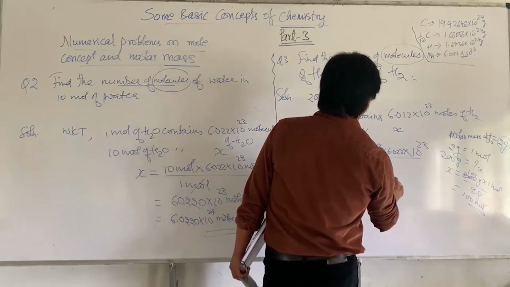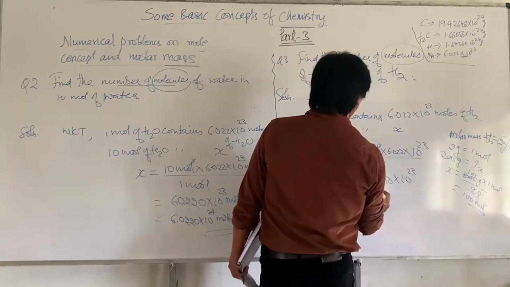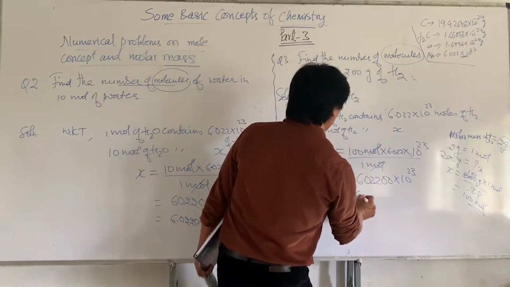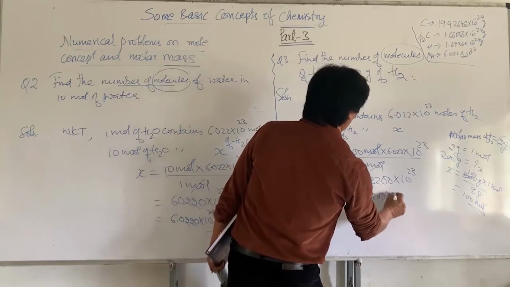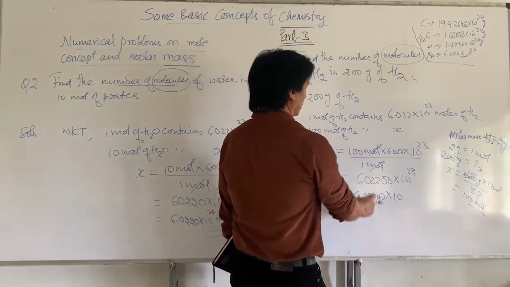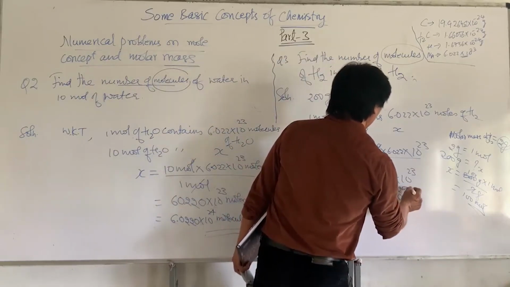It's going to become 6022. Add 2 zeros here, into 10 raised power 23. The decimal point comes here. And then finally, when you shift the decimal point to the left by 2 digits, it's now 6.02200 into 10 raised power. You're shifting it to the left by 2 digits, so this exponent here increases by 2. It becomes 10 to the power 25.